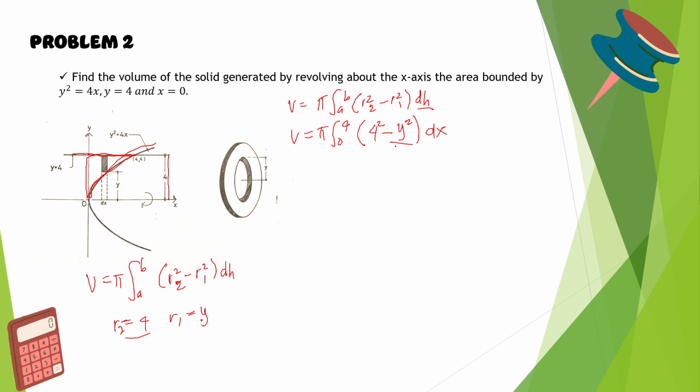Since this is in terms of y squared, we have to substitute 4x. V is equal to pi from 0 to 4, 16 minus 4x, dx.